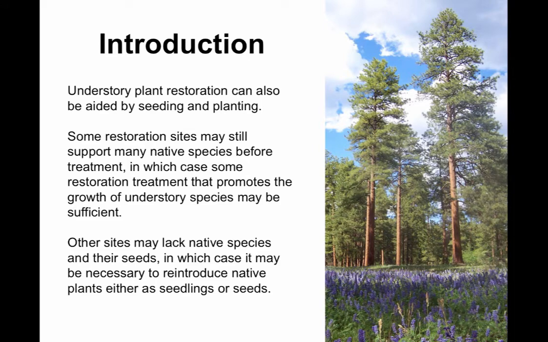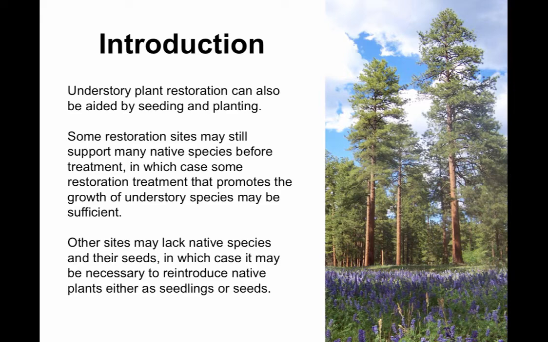And so we can really help foster the development of this understory restoration by seeding and planting, either by broadcast seeding or hand seeding, or hand planting individual species that we want to see in our restored ecosystem.